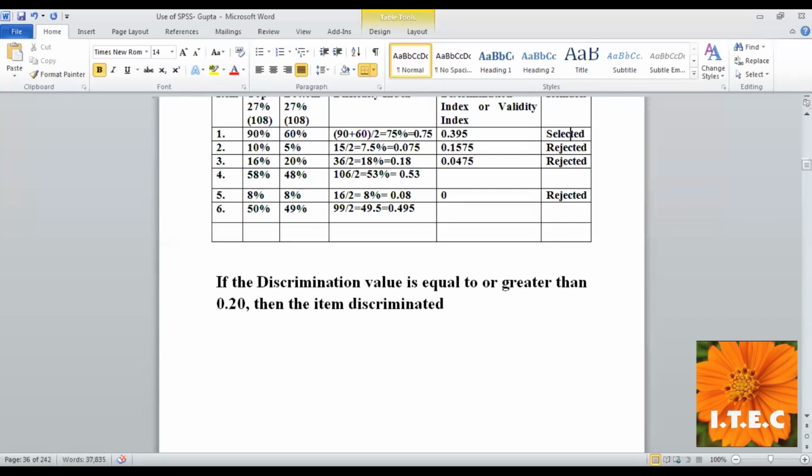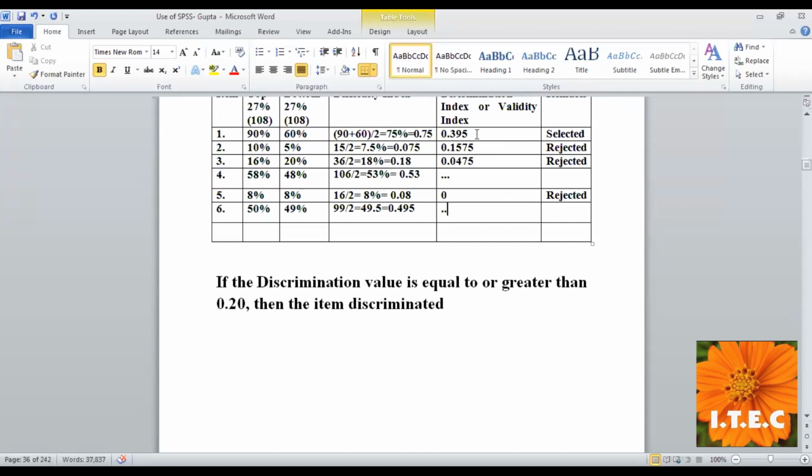So selected and rejected. Now here you have to find out the discrimination. I have not found out. Here also you have to find out the discrimination. Now, once your discrimination is more than 0.2, then you can see the difficulty level. So you have to select the items on the basis of discrimination index first. And if discrimination index is less than 0.2, then the item is rejected.